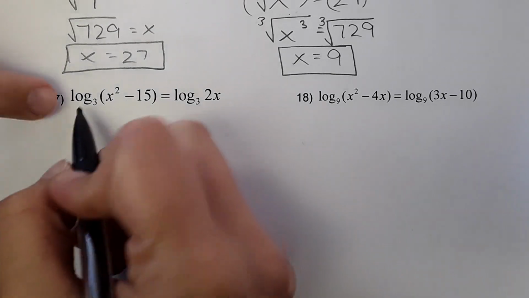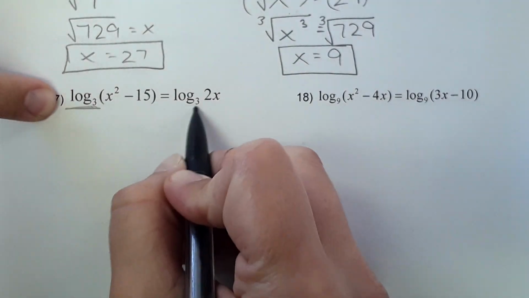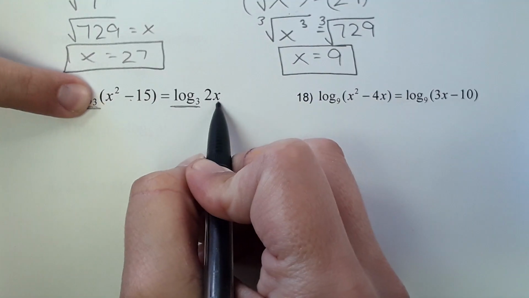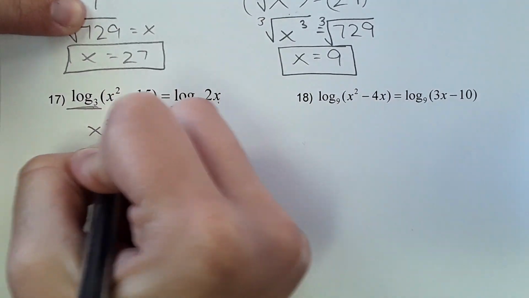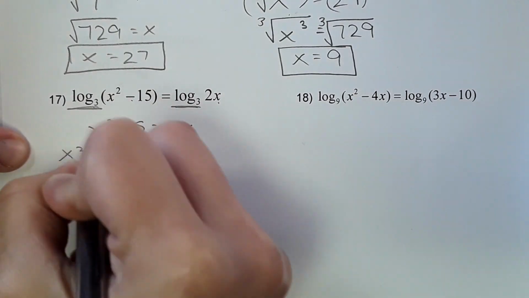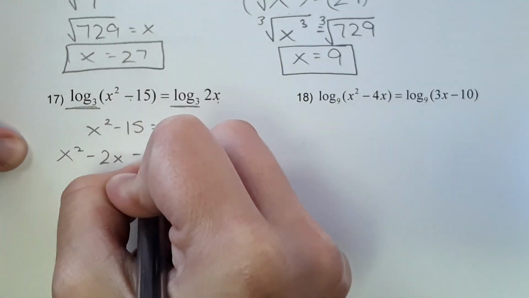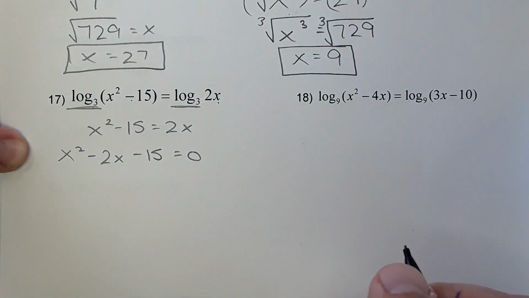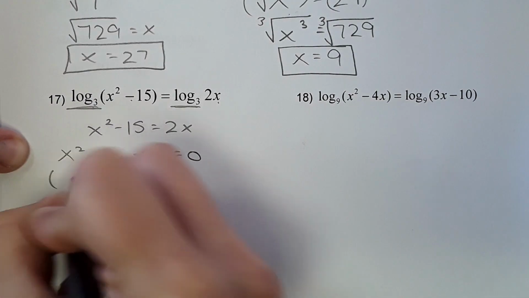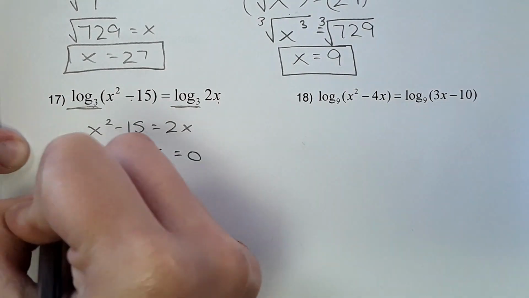17 and 18, we have the same log with the same base, so therefore we can set this equal to this. So x squared minus 15 equals 2x. Then we will factor this out.